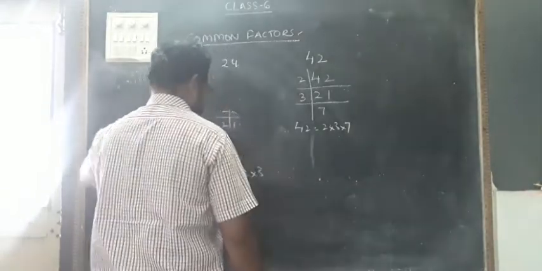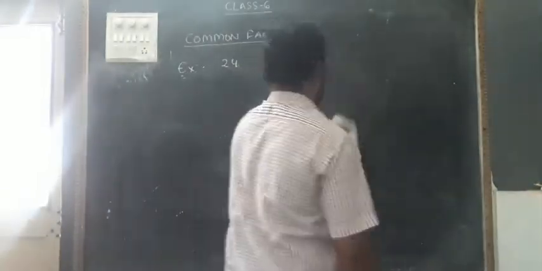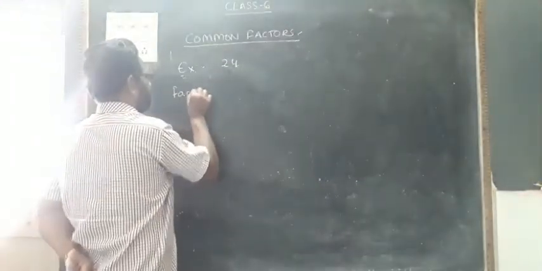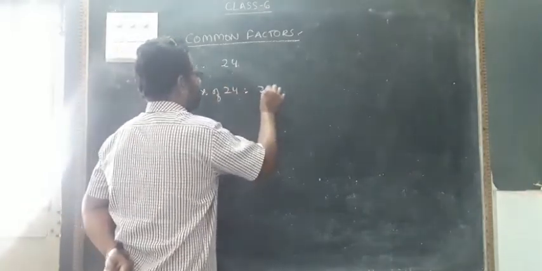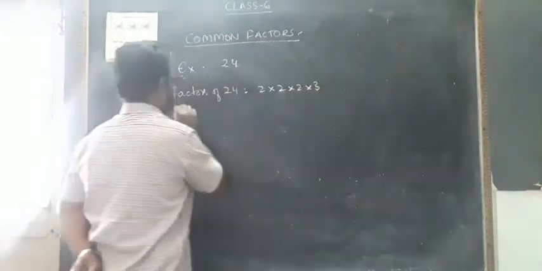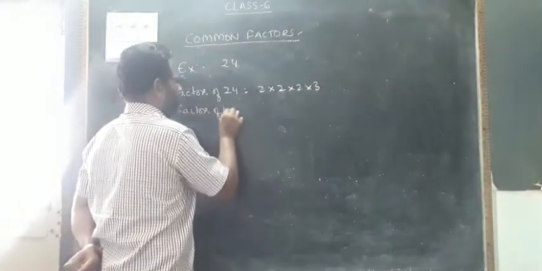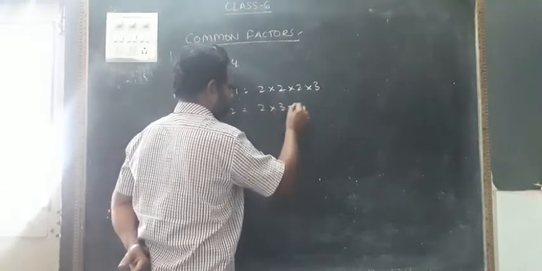So 2 into 2 into 2 into 3 and 2 into 3 into 7. Factors of 24 is equal to 2 2s are 4, 4 2s are 8, 8 3s are 24. Factors of 42 is equal to 2 3s are 6, 6 7s are 42.